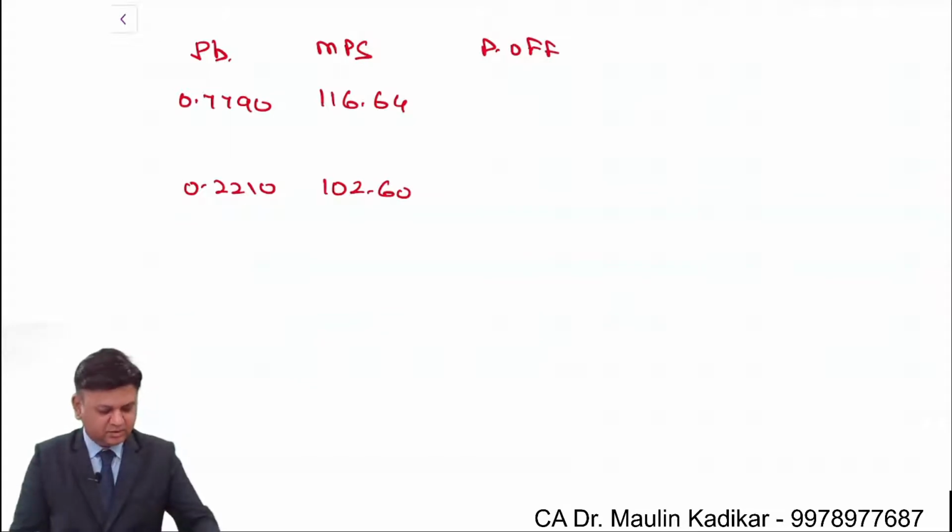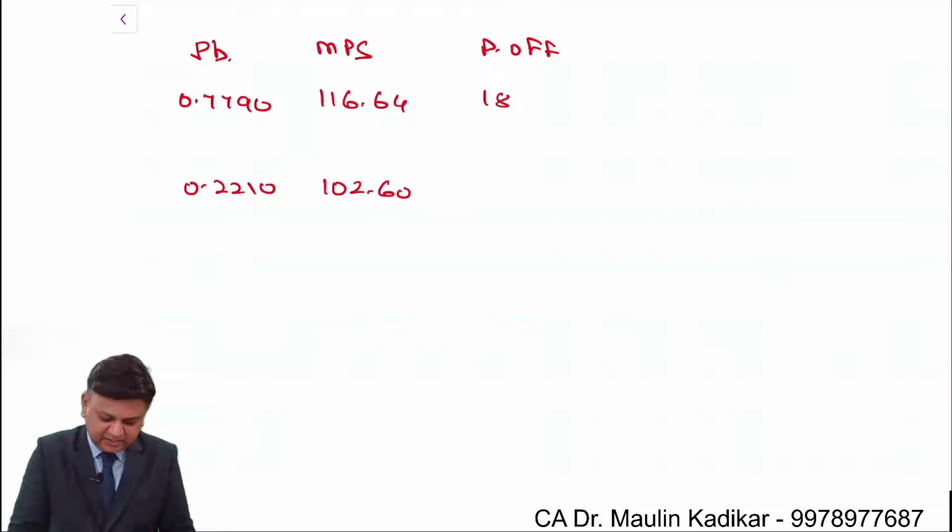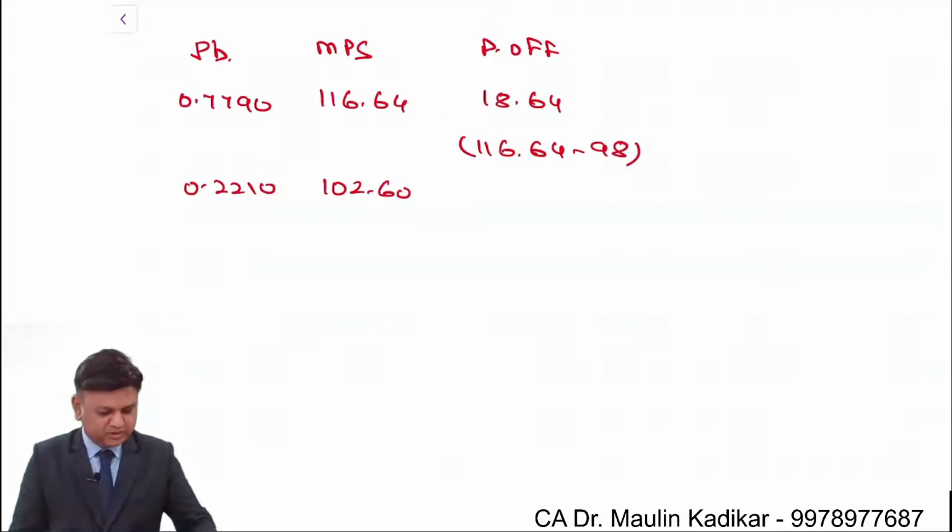Payoff: 116.64 minus 98, so it is 18.64, and 102.6 minus 98, that is 4.6.